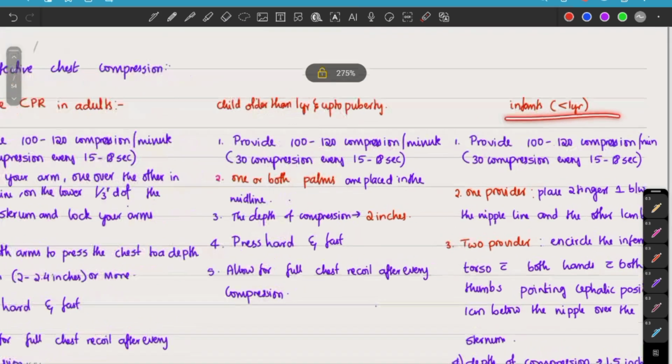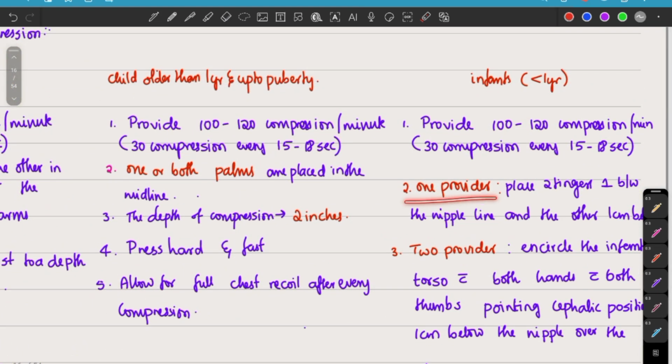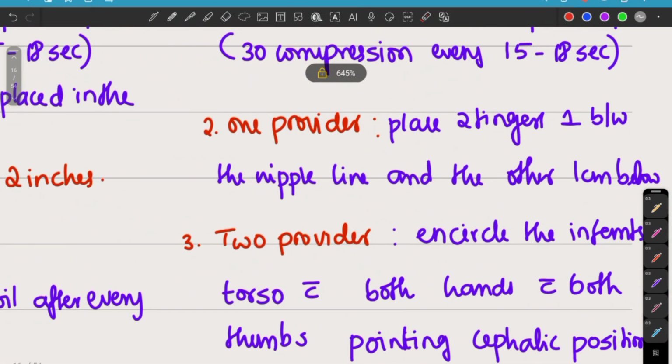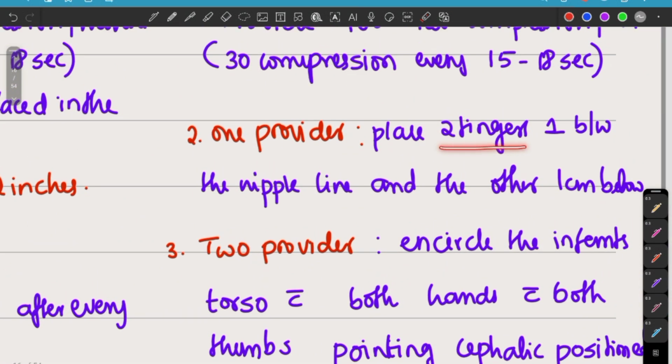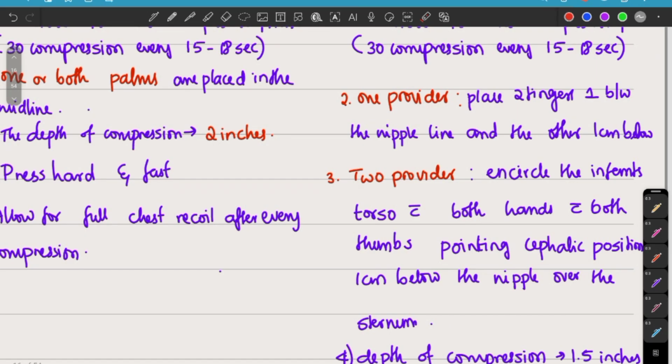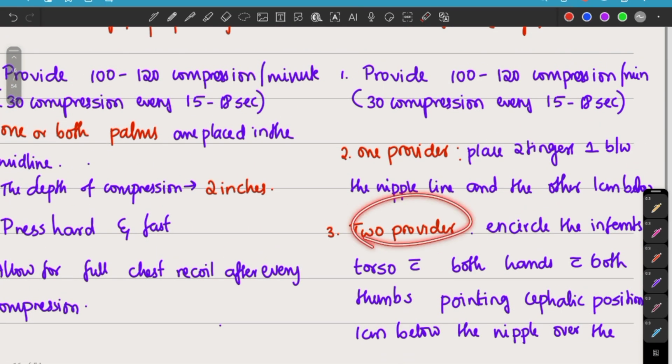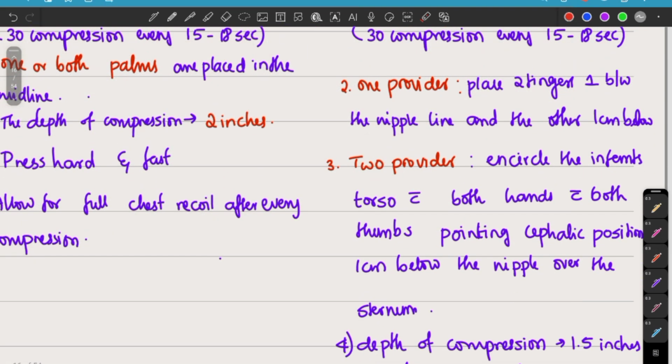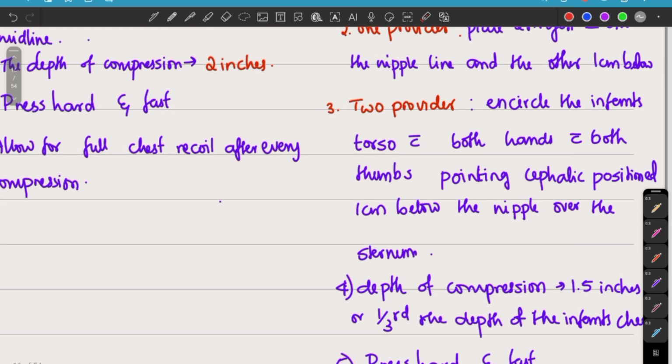In infants, if there is one provider for CPR, then you can place 2 fingers, one between the nipples and the other 1 centimeter below. If 2 providers are there, then you can encircle the infant's torso with both hands, with both thumbs pointing towards the cephalic direction, 1 centimeter below the nipple line on the sternum.